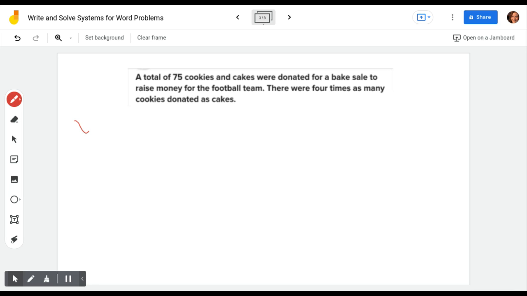So I'm going to write down that I'm using X for cookies. And I'm going to use Y for cakes. I know that when I add them together, there's 75 of them total. So the cookies plus the cakes, or X plus Y, equals 75. There's your first equation.